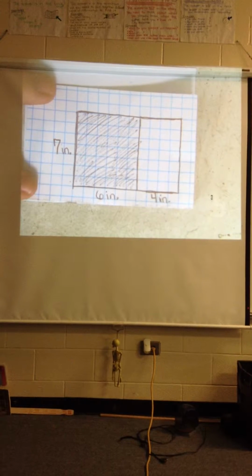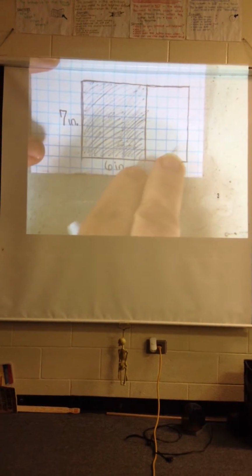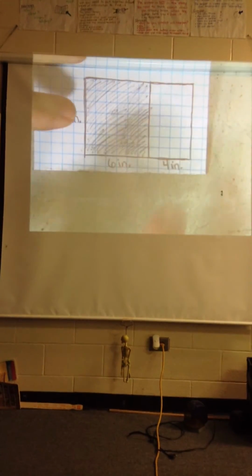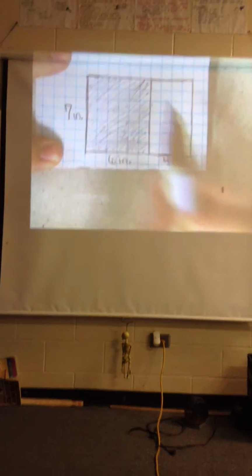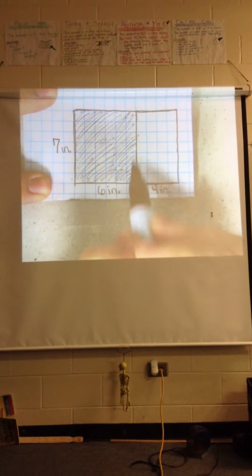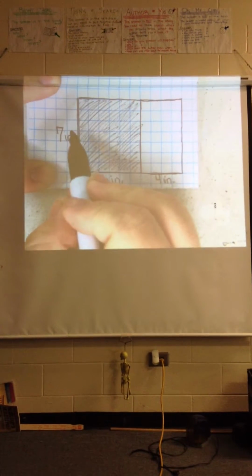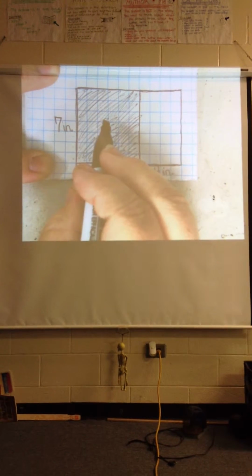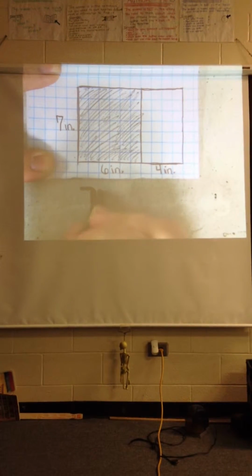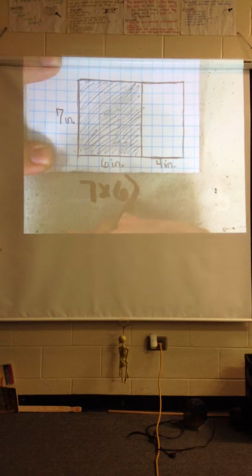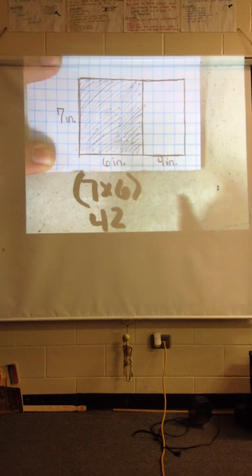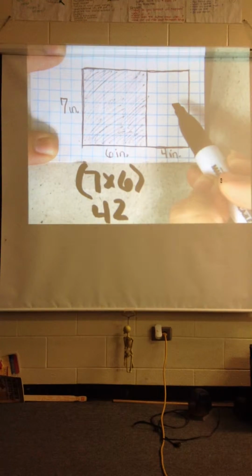This equation is solved in two different ways. You can either take it and break it apart and look at just this rectangle right here and say, well, I know length times width is 7 times 6. So the area of this rectangle is 7 times 6. We've already solved that, so we know it's 42. So what's the area of this rectangle?